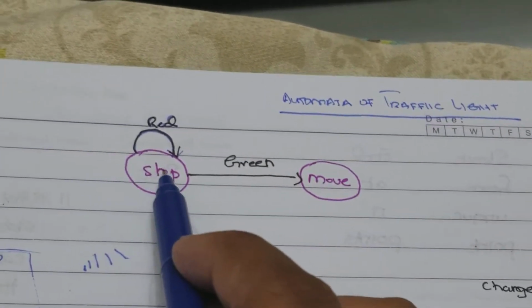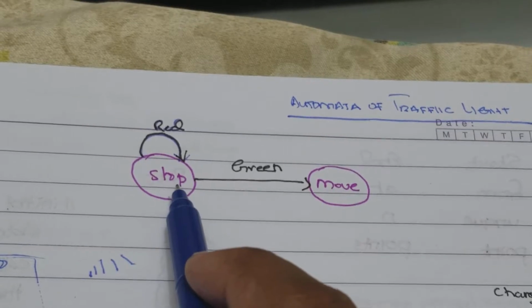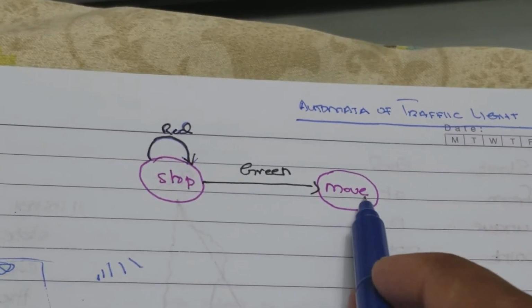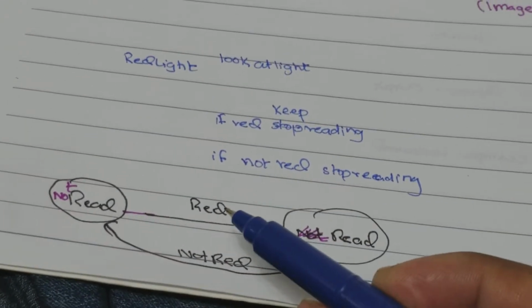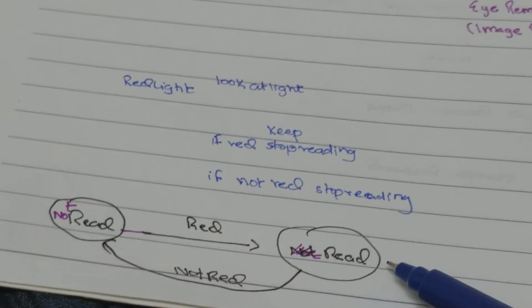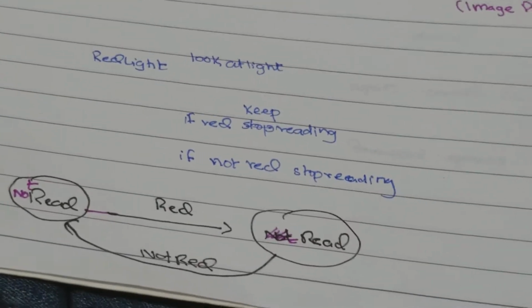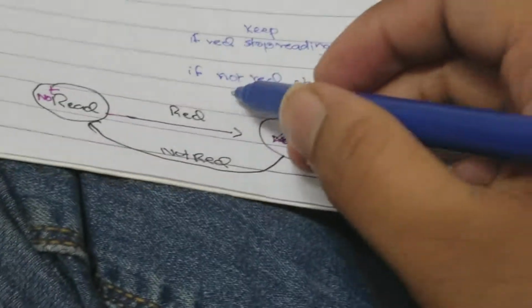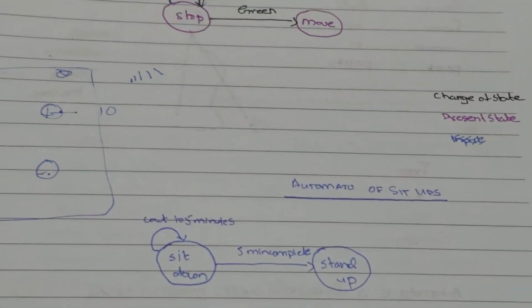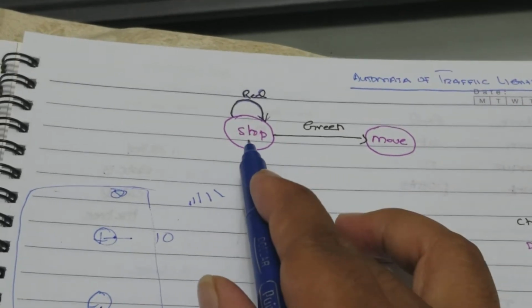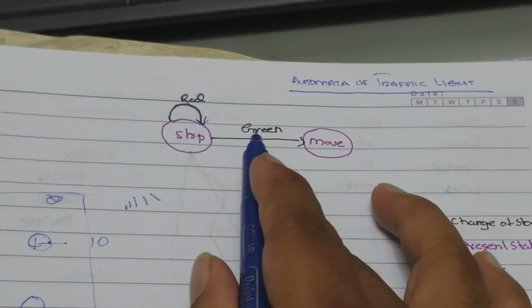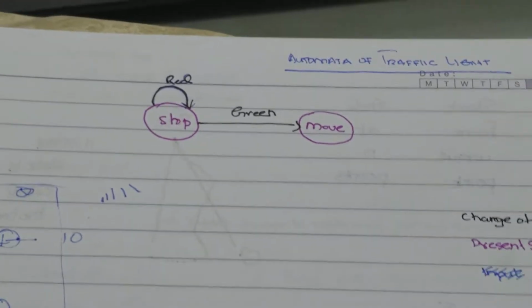If the light is red, then you stop. If the light is green, then you move.